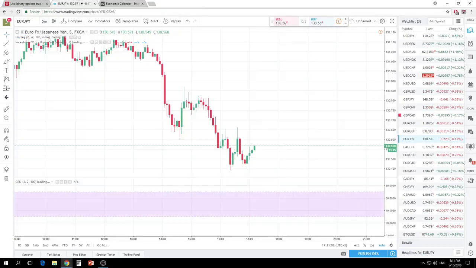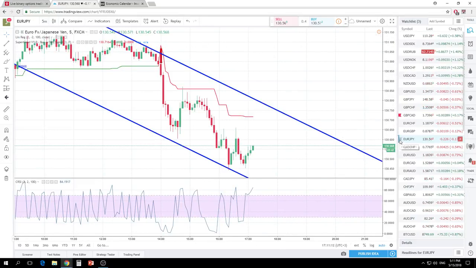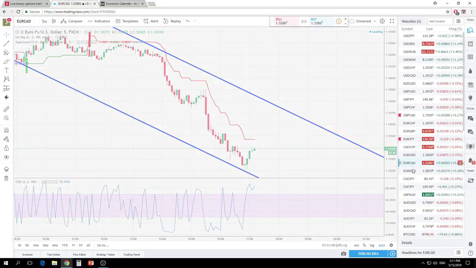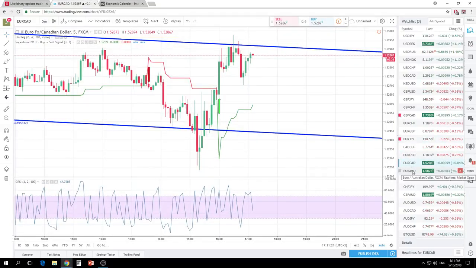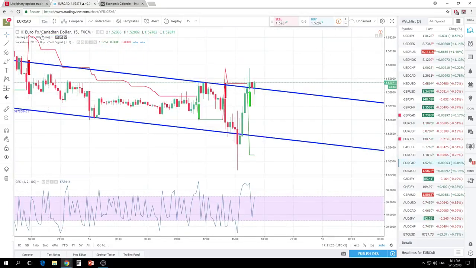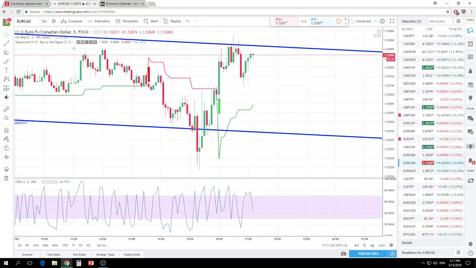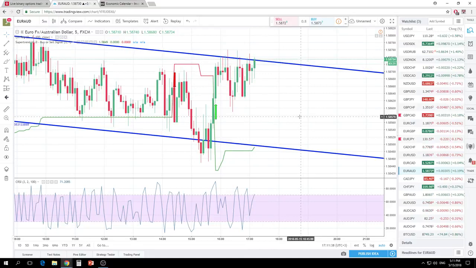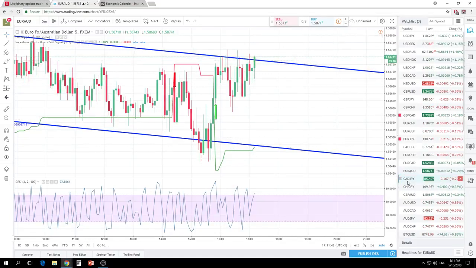And Euro JPY, as you see, can also be good to trade on in about 3 minutes from now. Euro Canadian can be okay as well. Euro Australian dollar, as you can see, is approaching the regression line, and perhaps it will cross it, so it can be okay to trade.